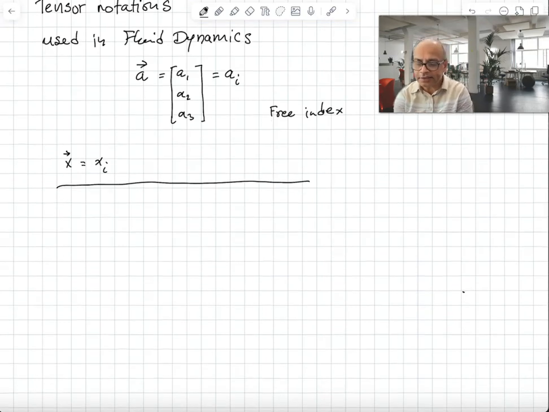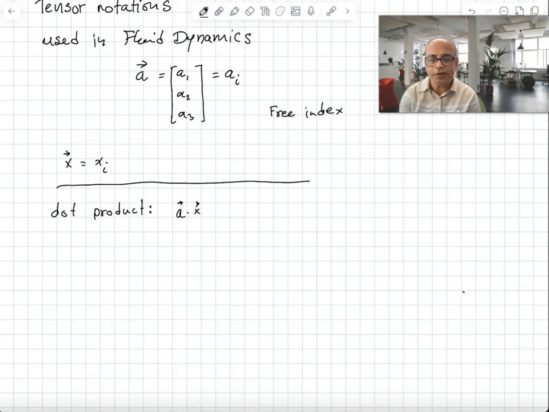And now let's say we want to do a dot product between a and x. We know that the dot product is a1 x1 plus a2 x2 plus a3 x3.